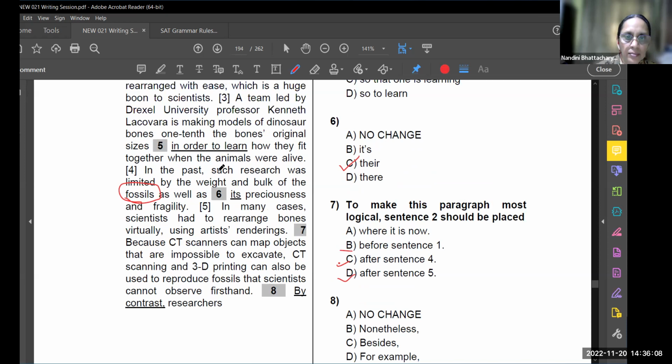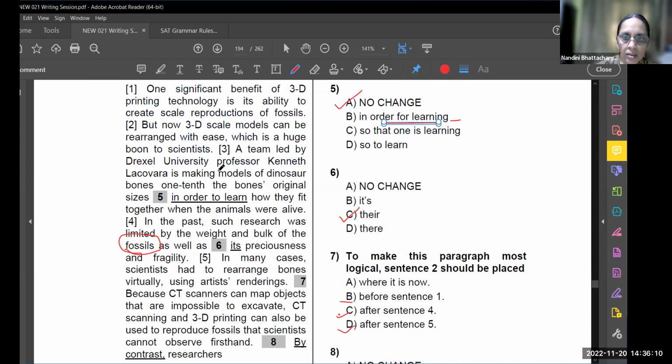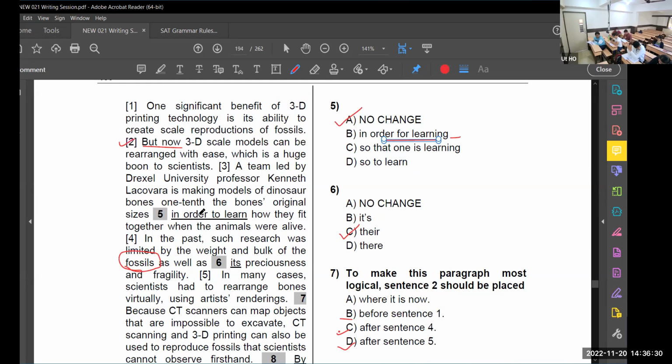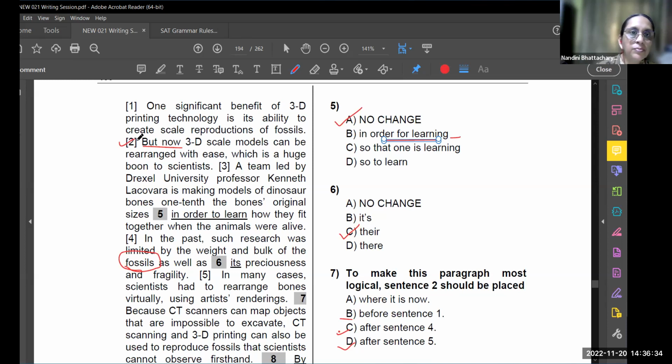Let's analyze. Now they're talking about, to make this paragraph most logical, where should sentence 2 be placed? Now what is sentence 2? This is sentence 2. But now 3D scale models can be rearranged with ease, which is a huge boon to scientists. Yeah. So Caleb, what is your answer? Question number 7, what's your answer?